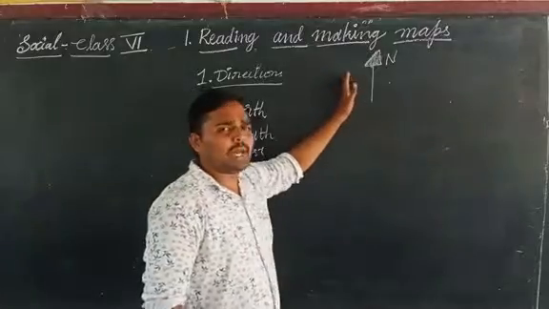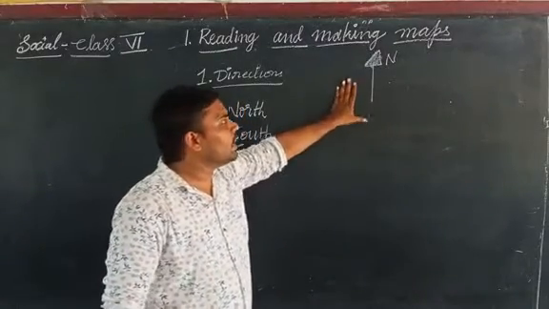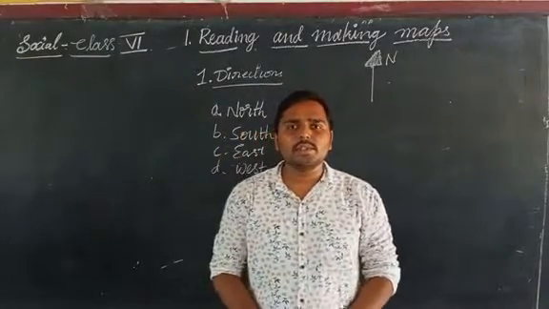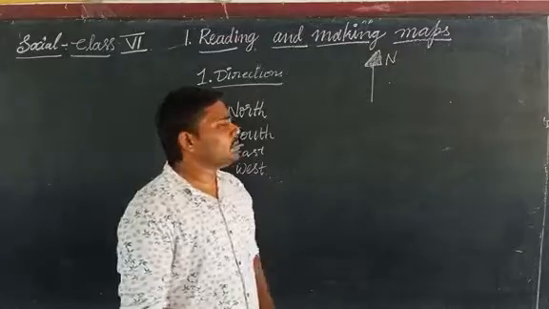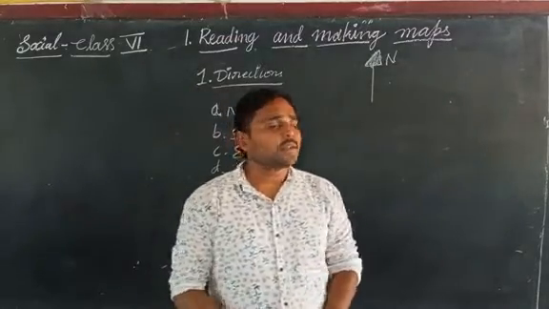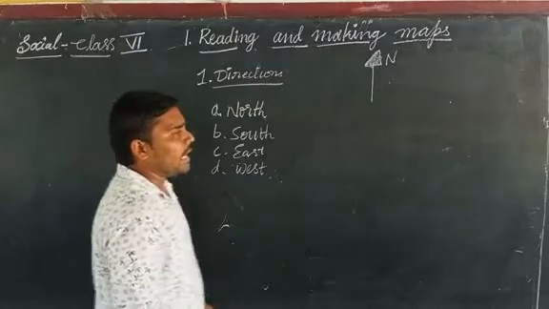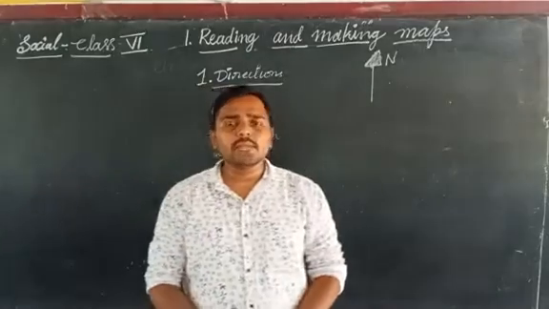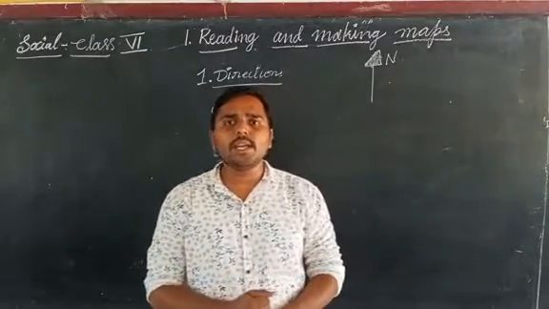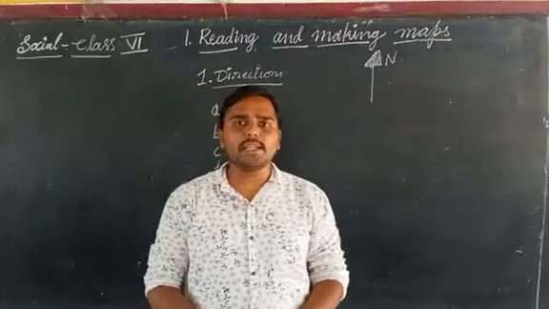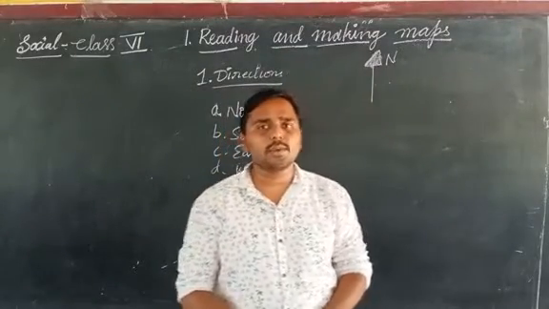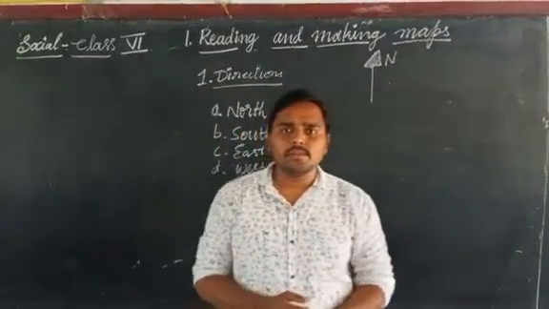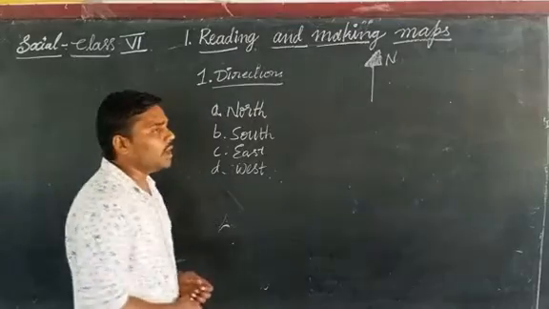Why do the maps show only the north direction on the top? Because our earth acts as a magnet. How? Suppose we hear that the earth is rotating around itself, but how can we not fall off the earth? Why can we not fall down?